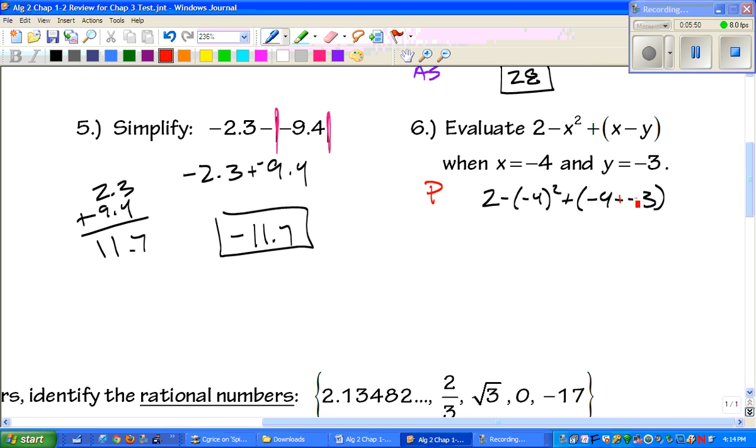First is inside of the parentheses. We do that. We get 2 minus, all of this stays the same, and that turns into negative 1. Now the next thing is to look at our exponents. We have negative 4 squared, and that's going to give us positive 16.